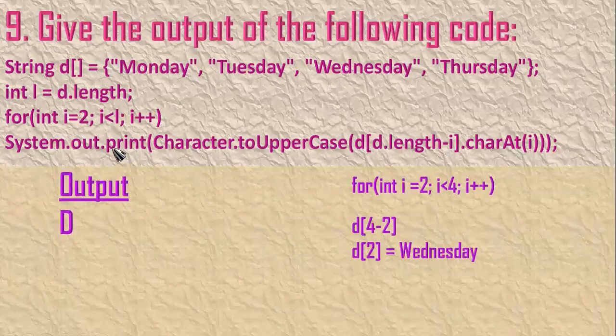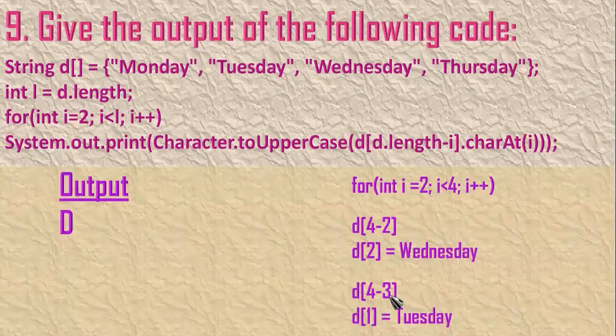And then we can see here only print is given, not println. So we should be very careful about even this. It will print nearby only. Next one. So now i becomes 3. So 4 minus 3 will be 1. At 1 what is available? 0, 1, Tuesday is available. So i is 3.